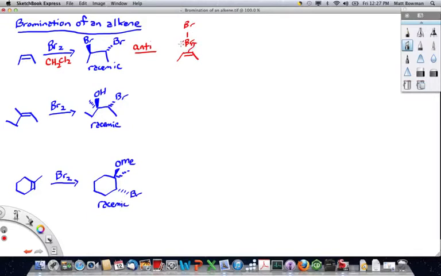A lone pair from the bromine goes to meet the hole that's being vacated by those electrons. You also end up kicking this bromide off. The net result is you get the bromonium ion.